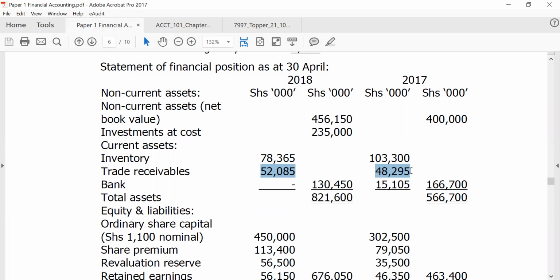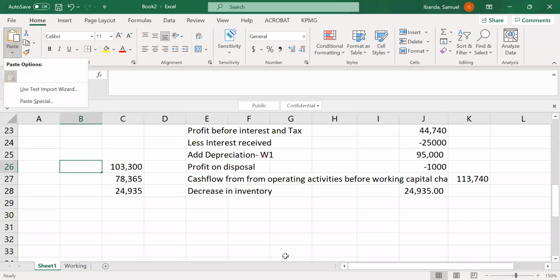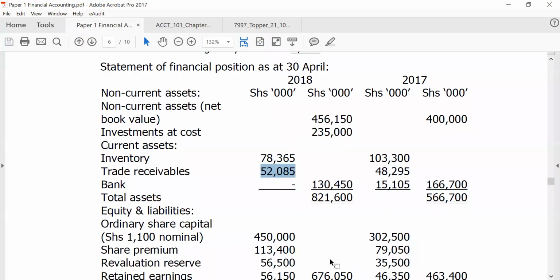When they increase during the period, it means that more money left the organization, so it is more of a cash outflow. In case they were reducing, it means the people you demand are paying you. But in this case they are increasing, so more money is moving out. When you get the difference between these two values, you can use your calculator to determine it. I'll try to apply my Excel here.